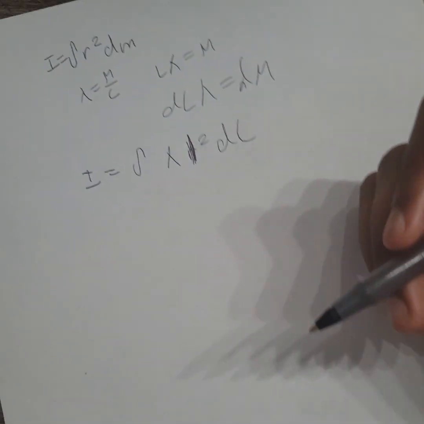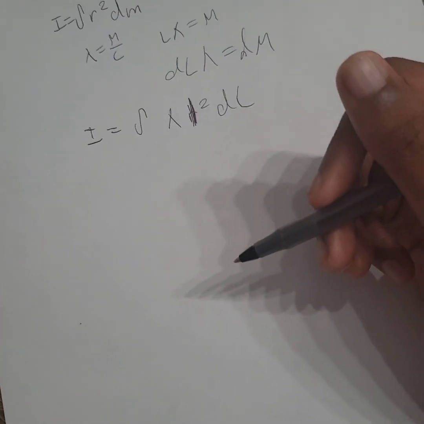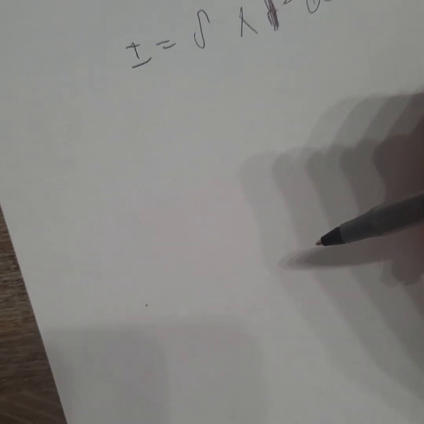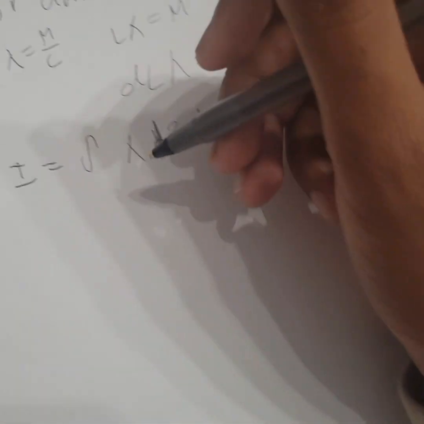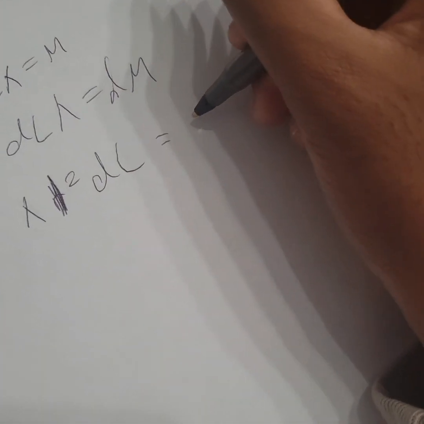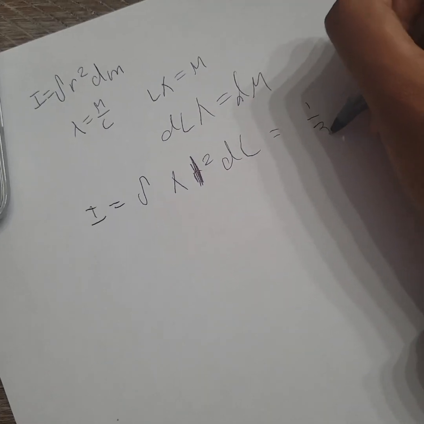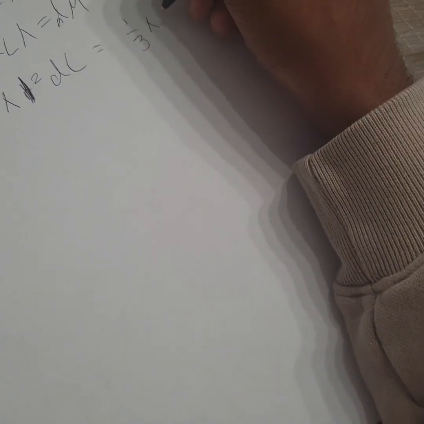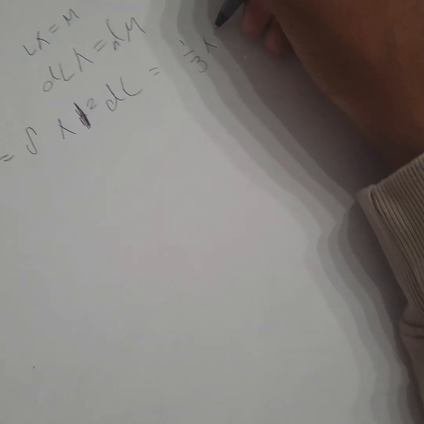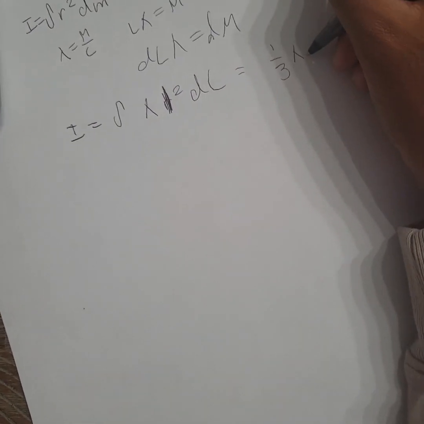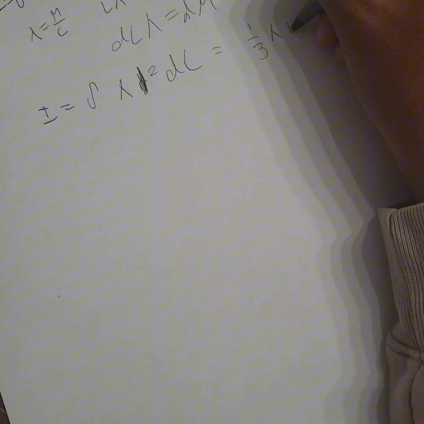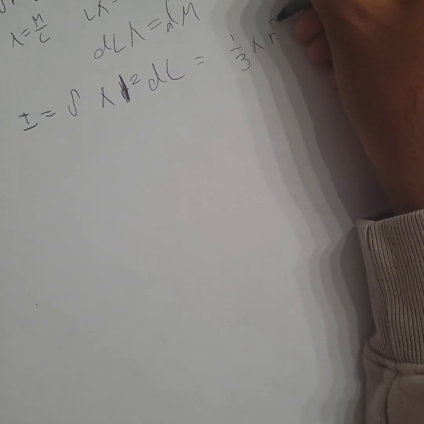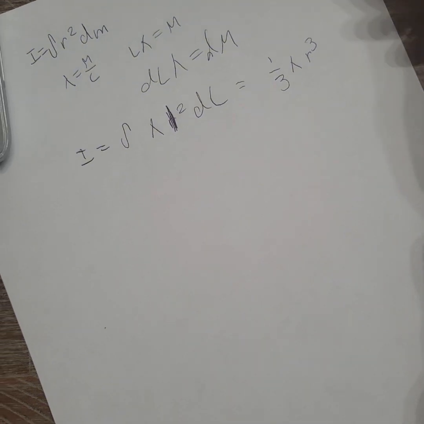So then what you would do next is take the integral of this, which is equal to 1/3 because you're doing the power rule, lambda because lambda is a constant, and then L cubed.